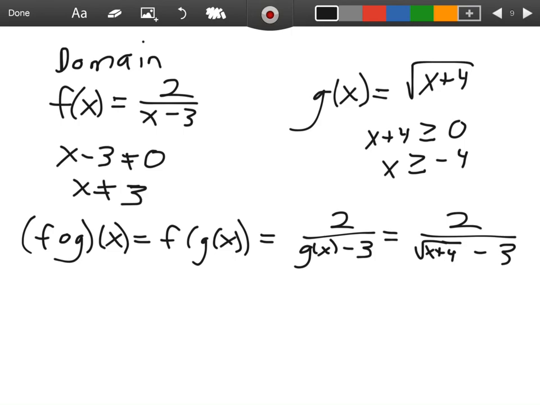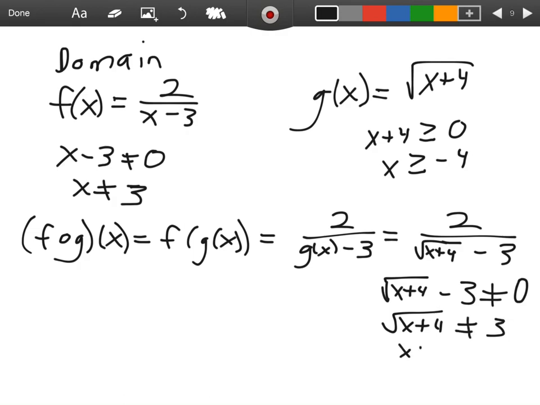Now, because of this, you can see that the square root of x plus 4 minus 3 cannot equal 0. So I need to find that restriction as well. So the square root of x plus 4 cannot equal 3. Square both sides. X plus 4 cannot equal 9. And that gives me x cannot equal 5.